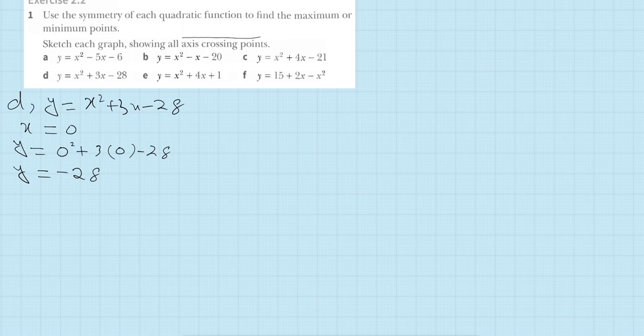Now put y is equal to 0. So 0 is equal to x square plus 3x minus 28. Factorize this by using the middle term break method. 7x and minus 4x, because 7 fours are 28.